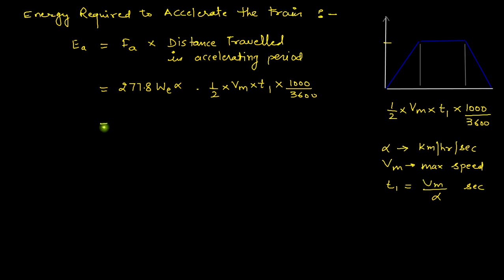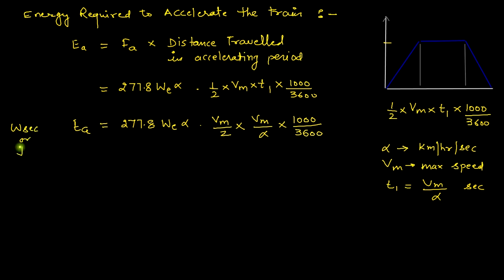I will get 277.8 We alpha times Vm by 2 times Vm by alpha, where Vm by alpha is the value of T1 after substitution, into 1000 by 3600. And the unit of this EA will be in watt second or joules, because all the units are mentioned in SI units.